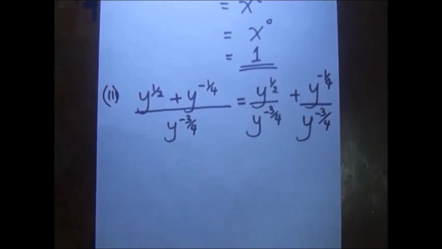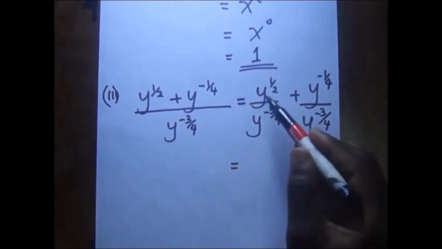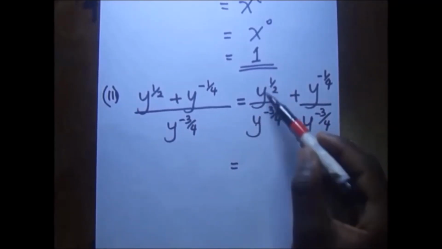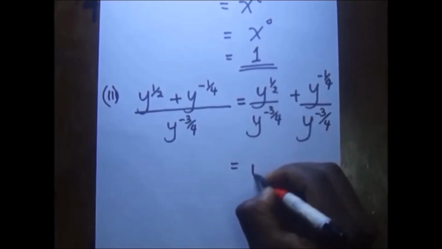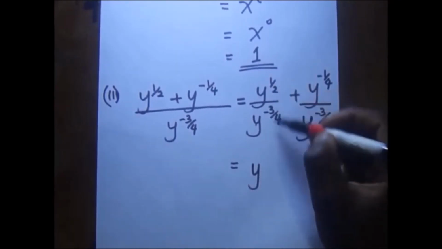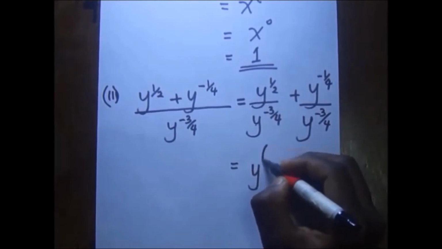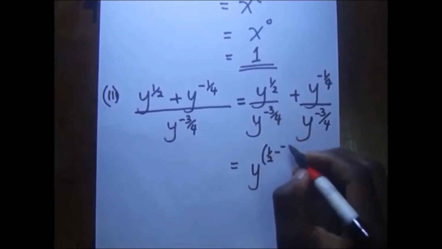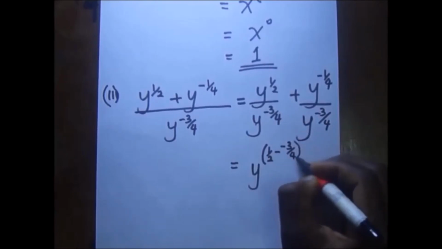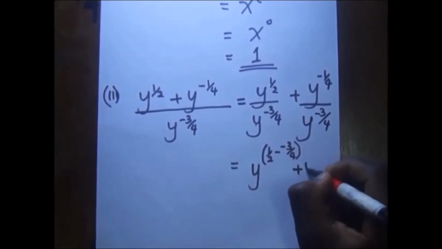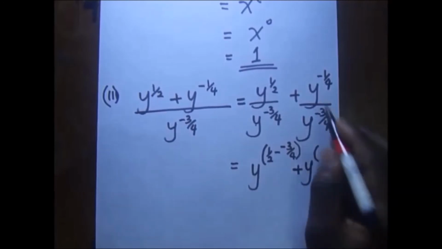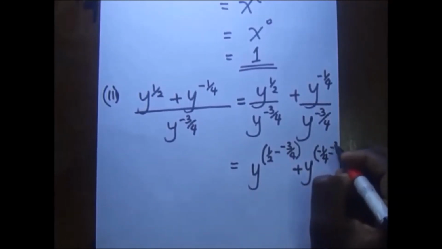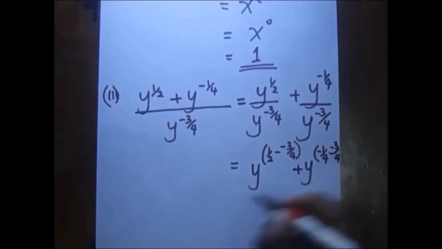Now we are dividing indices with the same base, so we maintain the base and subtract the power. So here it's y to the power a half minus negative 3 over 4, plus y to the power negative a quarter minus negative 3 over 4.